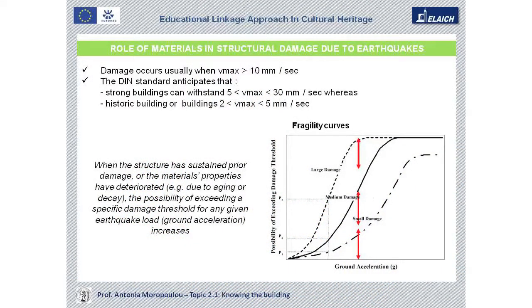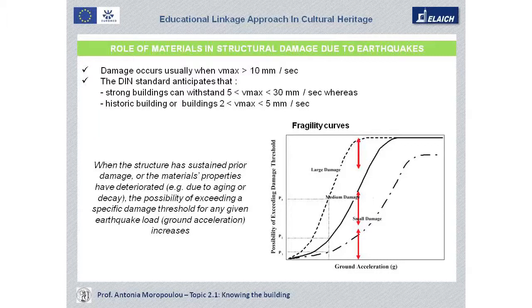The example of earthquakes, where we have a ground velocity and ground acceleration. We are observing damage to occur when the ground velocity at a maximum exceeds 10 millimeters per second.